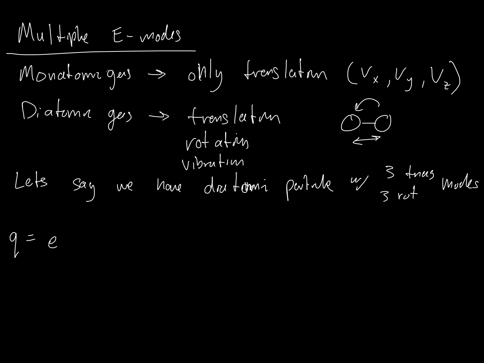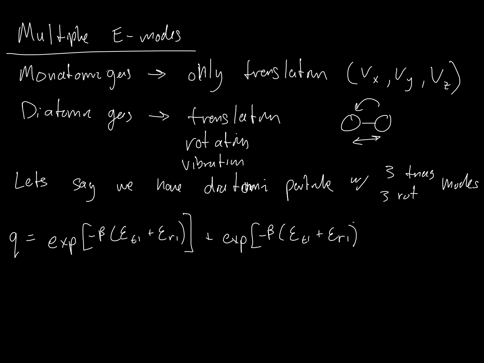So in this case, it'll be exp, I'll call it epsilon T1 plus epsilon R1 for the translational mode 1 and rotational mode 1, right? That's one of my 9 states, plus exp. I'm not going to write all of these out because you'll see the pattern very quickly. T1 plus R1, right?